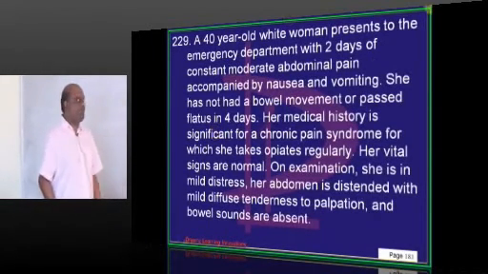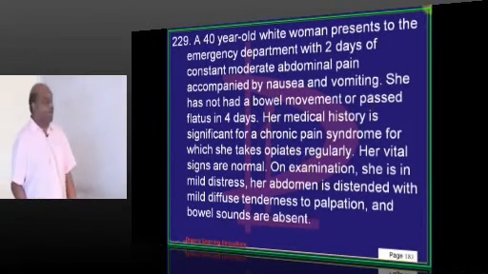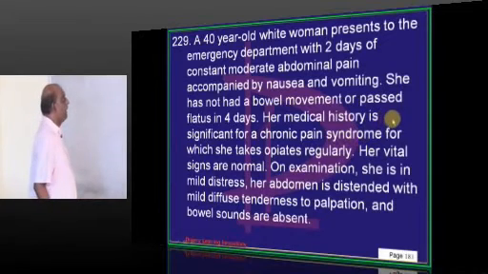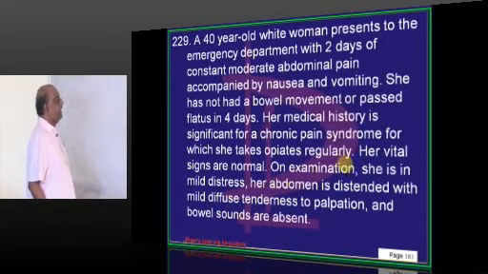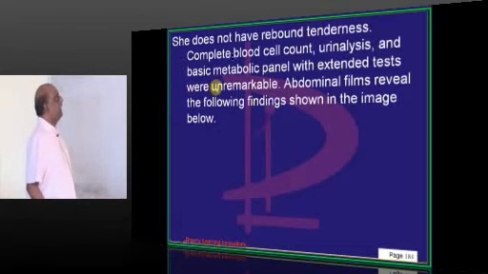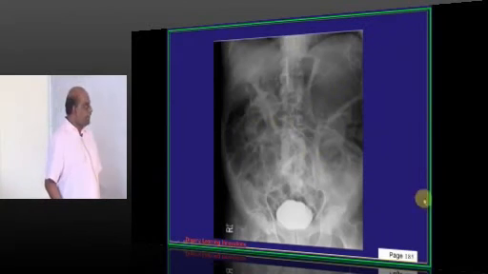A 40-year-old comes to emergency with 2 days of constant moderate abdominal pain, and her medical history is significant for a chronic pain syndrome for which she takes opiates regularly, and she does not have any rebound tenderness. Her CBC, urine analysis and basic metabolic panel were all unremarkable. And what do you see?